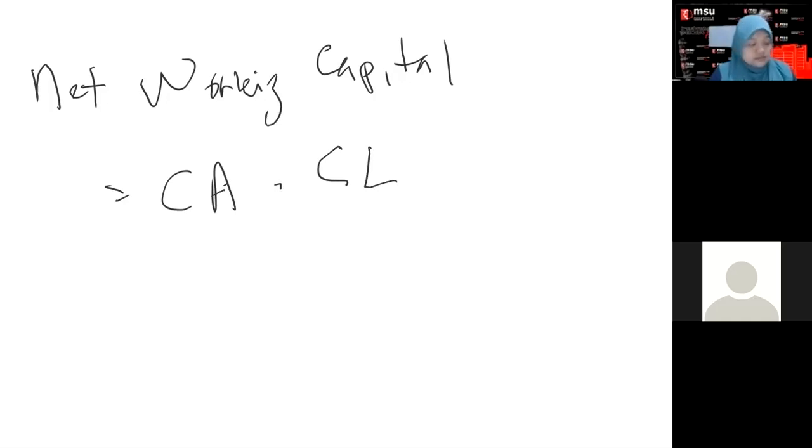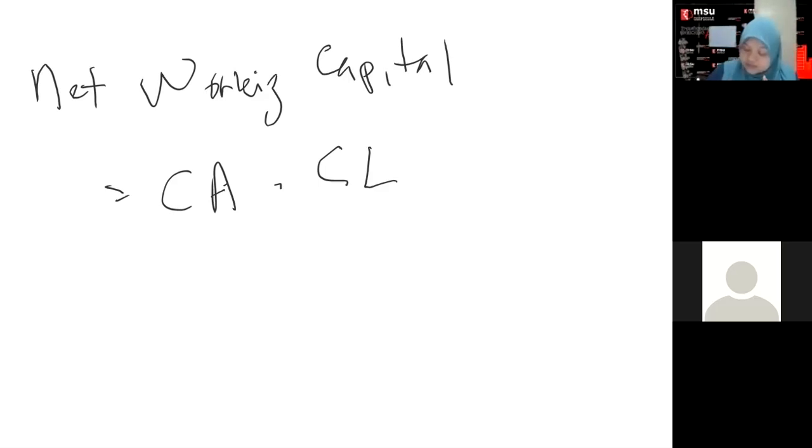Positive net working capital shows us that current assets are more than current liabilities. Negative net working capital shows us that current liabilities are more than current assets. So that is the first thing in net working capital management.